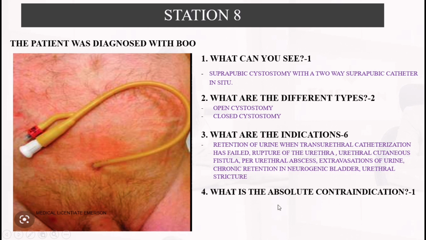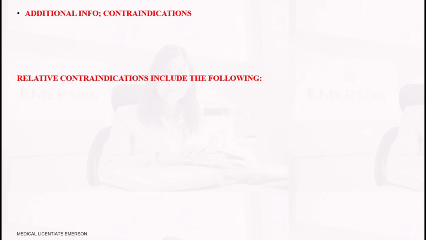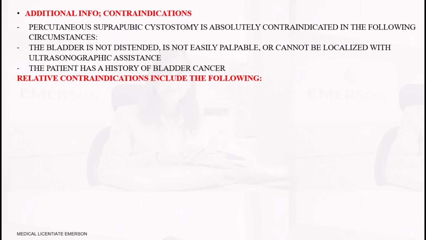So what is the absolute contraindication? So absolute contraindication is bladder carcinoma. Then there is some additional information I want to share with you. So this is some additional information on the contraindication of suprapubic cystostomy. So we have relative contraindications and absolute. That question asked about absolute.